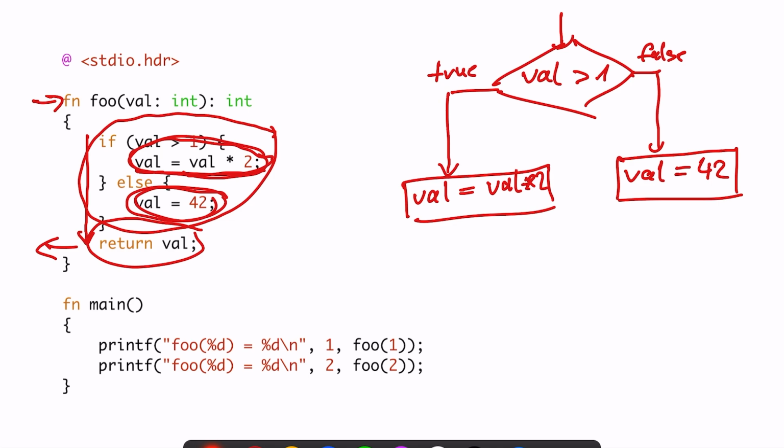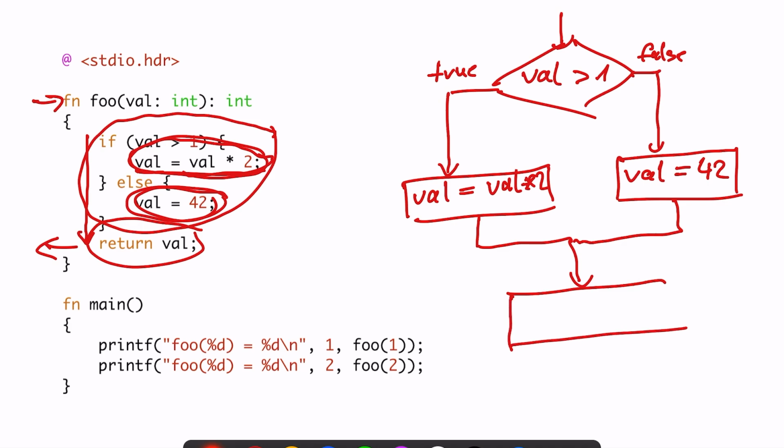And after this, the branches are merged. And here we have our return statement. So, kind of simple, and this is how we can describe these control structures in general.